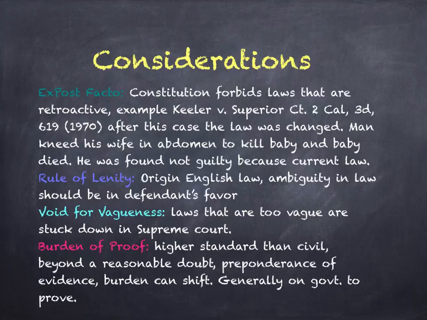Now, here are some considerations for you to think about. Ex post facto laws. The Constitution forbids laws that are retroactive. A great example of this is the horrific case of Keeler versus Superior Court, where in 1970 in California, a husband intentionally murdered the baby in his wife's womb because he thought the baby was not his.